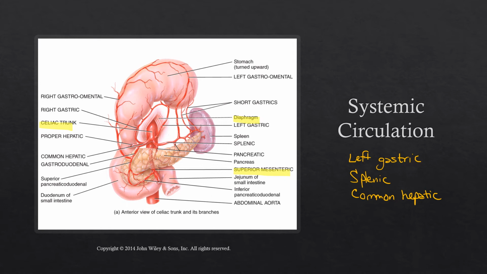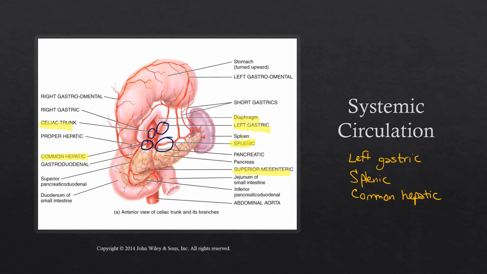You can see this on the past diagram as well, where the celiac trunk has these three divisions, and you can also see them on this diagram. Here we have the left gastric artery there, the splenic artery is this one, and the common hepatic artery is going to be this branch here.